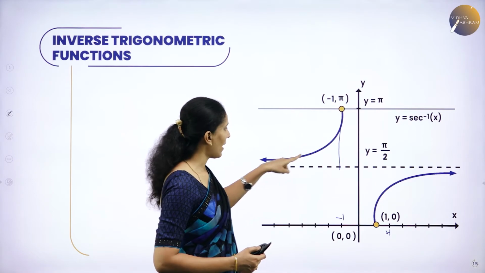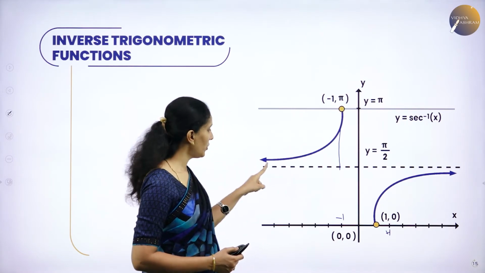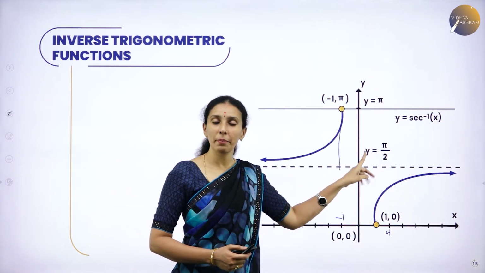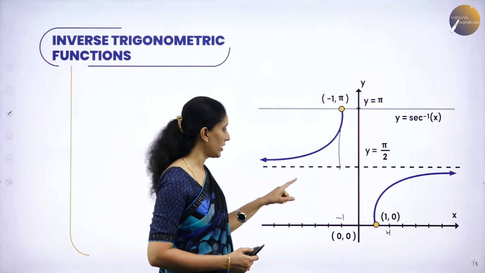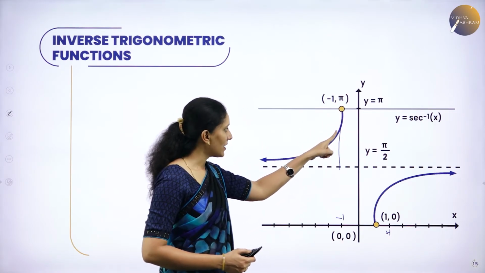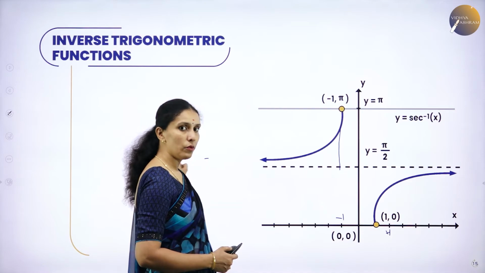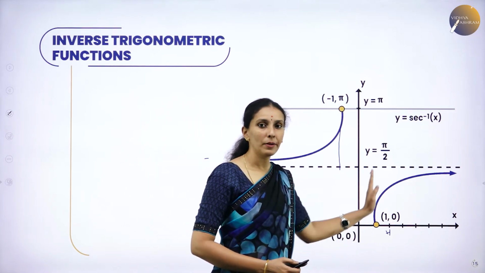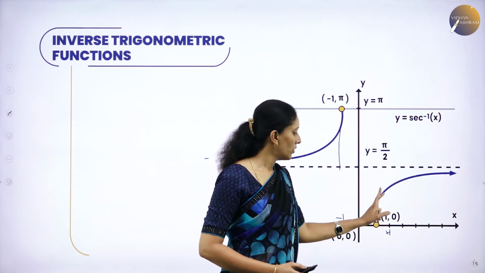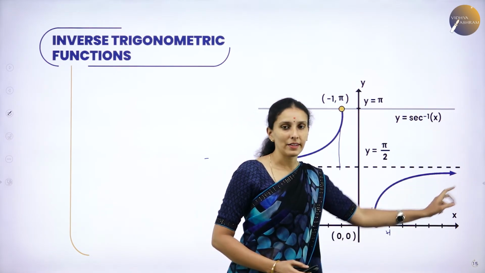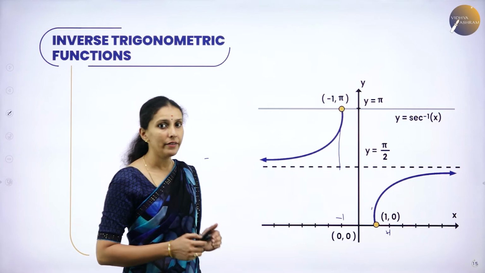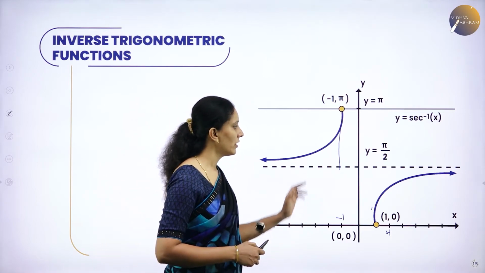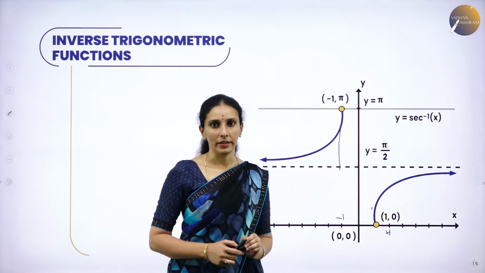It can take values less than -1 towards infinity, because secant pi by 2 is infinity. So the graph lies down here and moves towards infinity, and to the point 1. After point 1, the graph moves towards plus infinity. So this is how the inverse secant function looks.